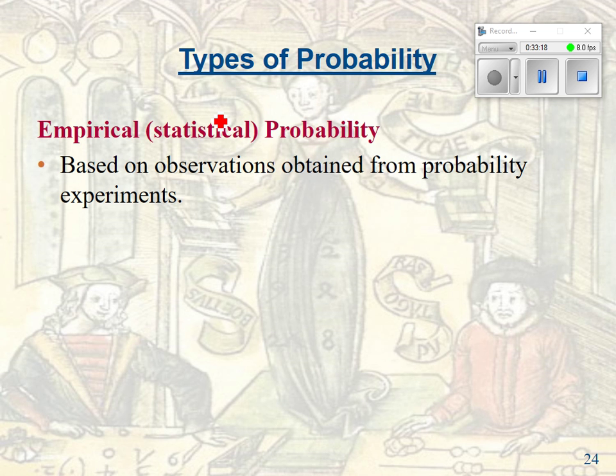All right, empirical probability. The second type of probability, empirical. That's different from the empirical rule.